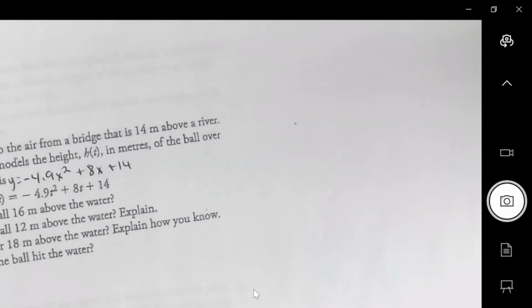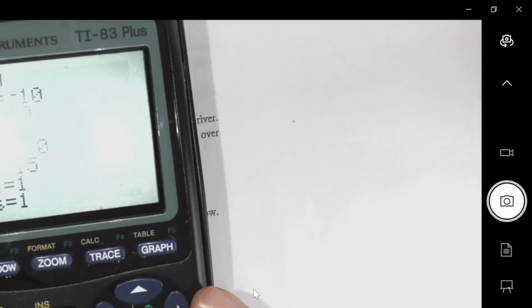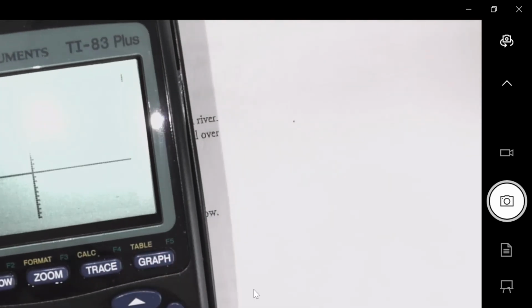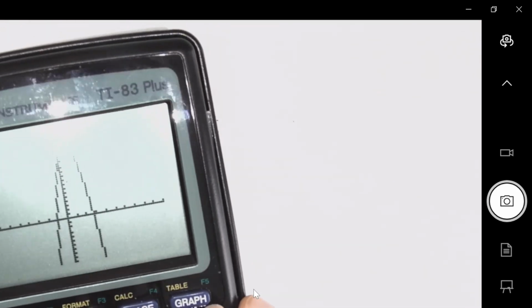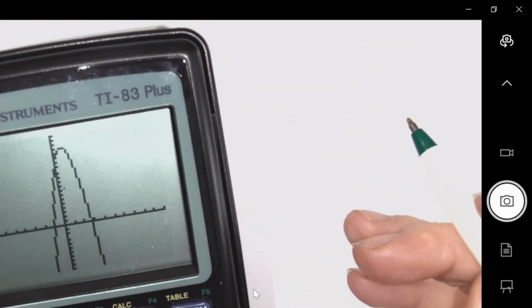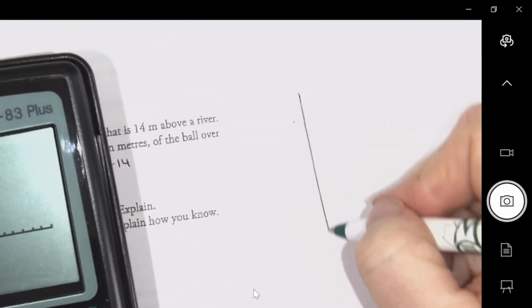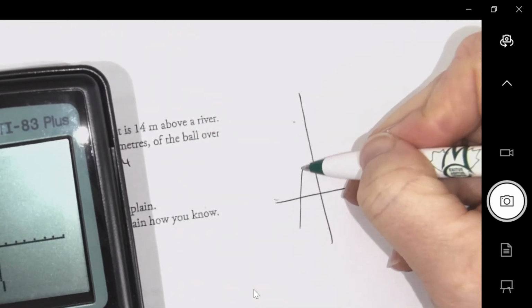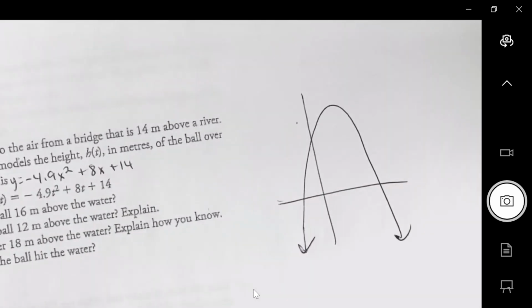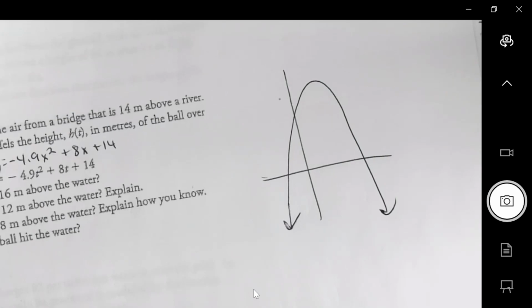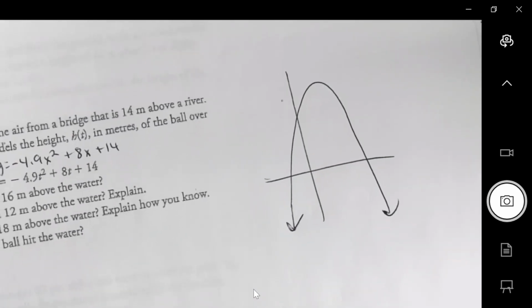I need to make my y even higher to see. There we go, I did a 20 height. Okay, that's what I'm seeing.